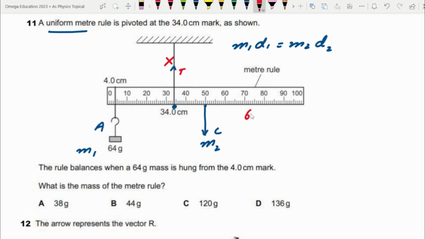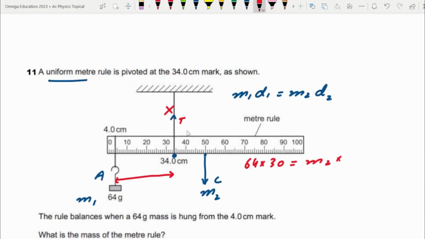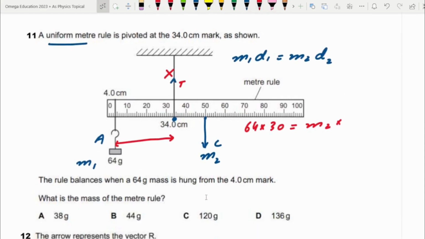M1, 64, times what is the perpendicular distance of that mass from the pivot? It is 30, equals M2 times the perpendicular distance, which would be 34. Four 4s are 16, 4 3s are 12, so 120 would be the right answer for question number 11.